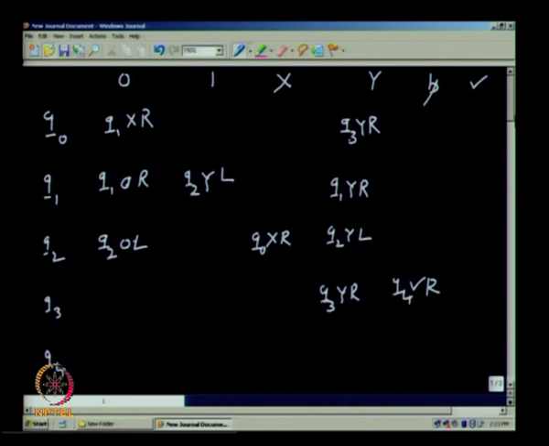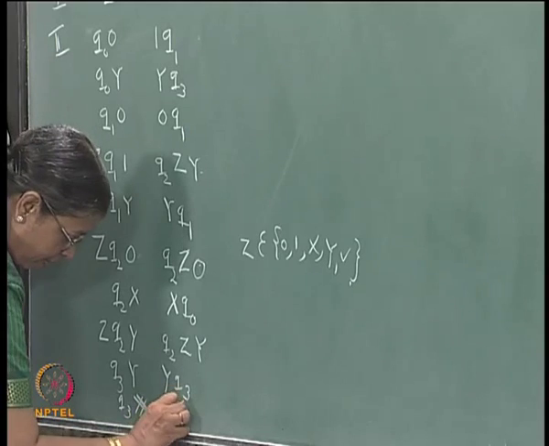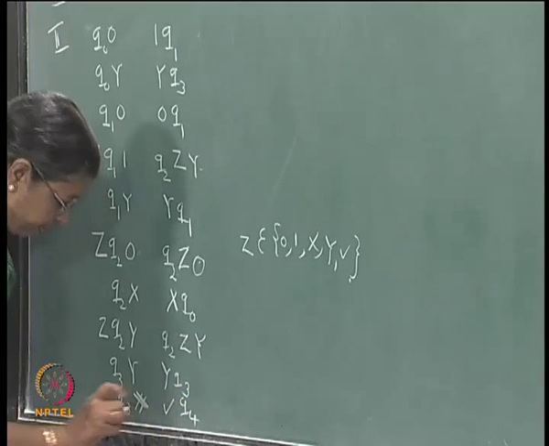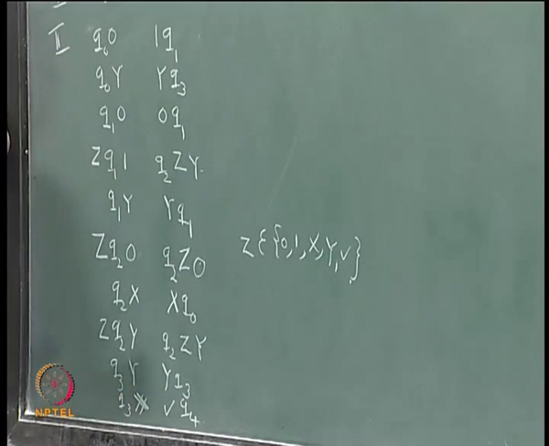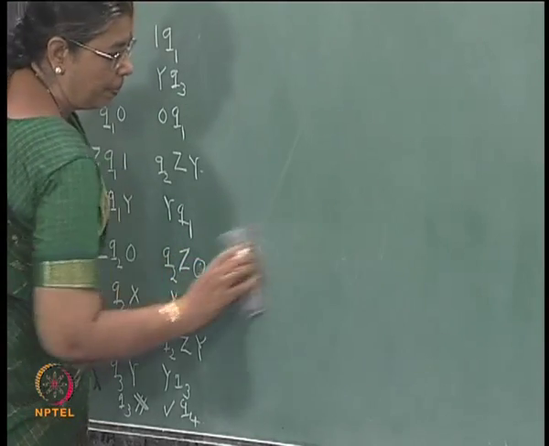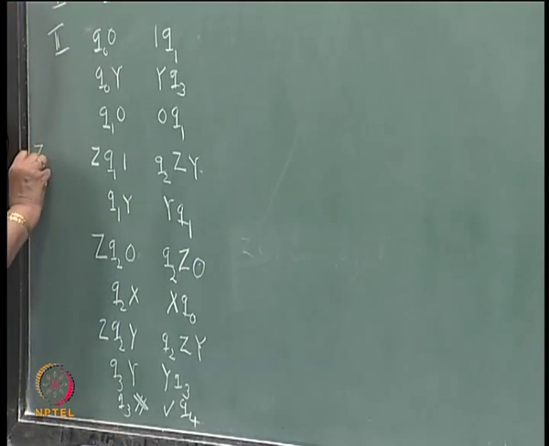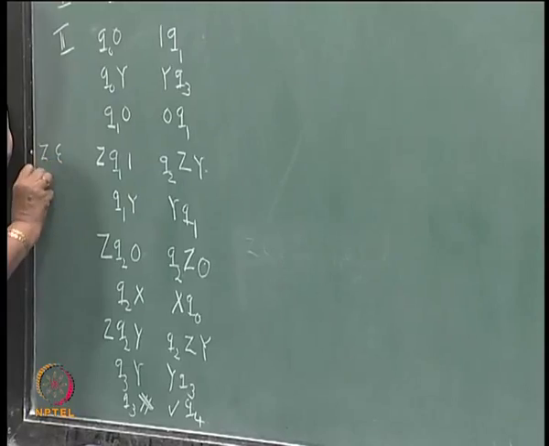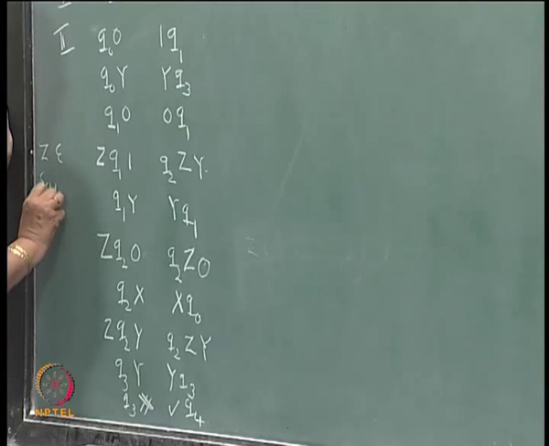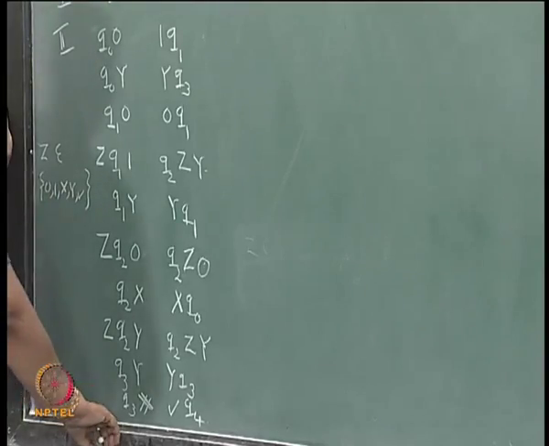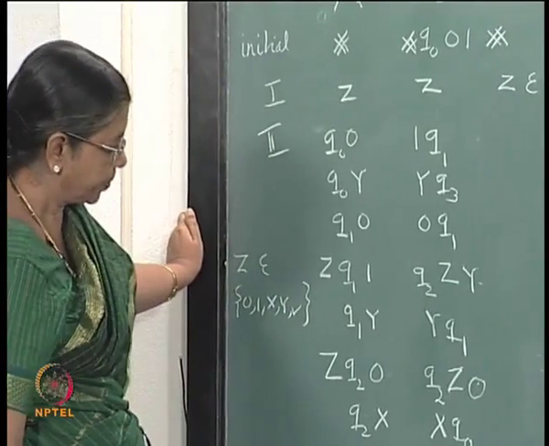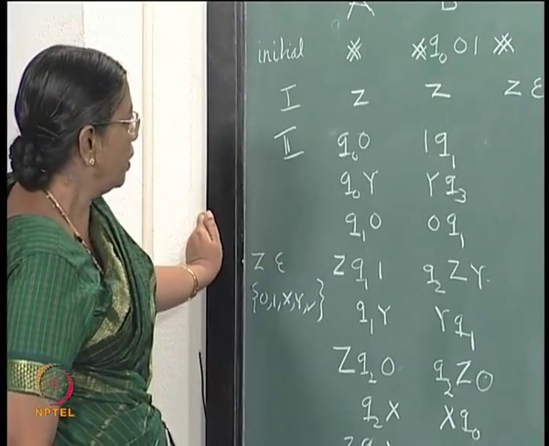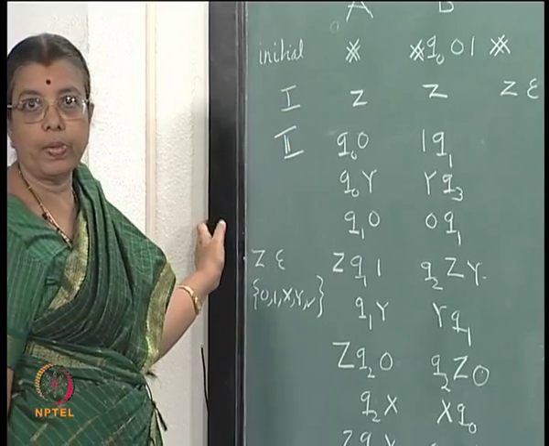So, tick mark Q4. Z can belong to 0, 1, X, Y, tick mark, it can be any other symbol. So these are the pairs corresponding to the moves.